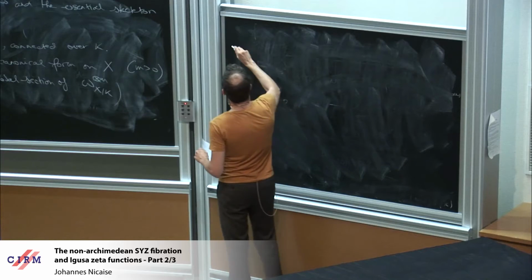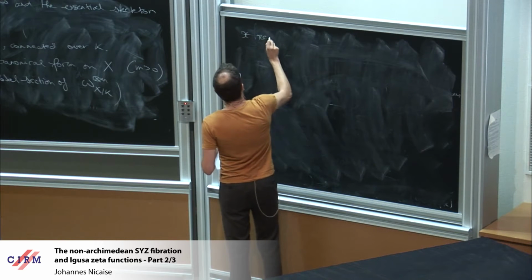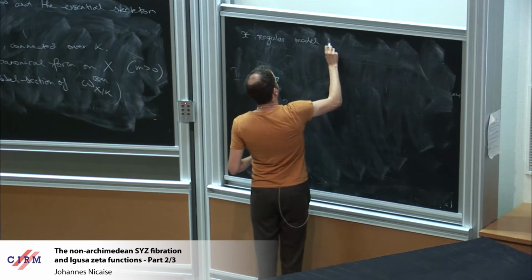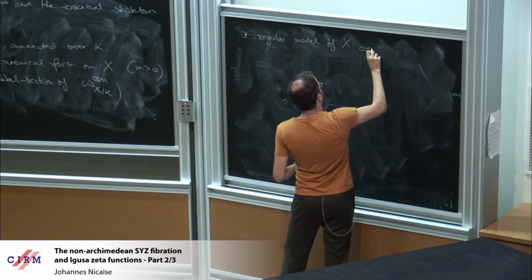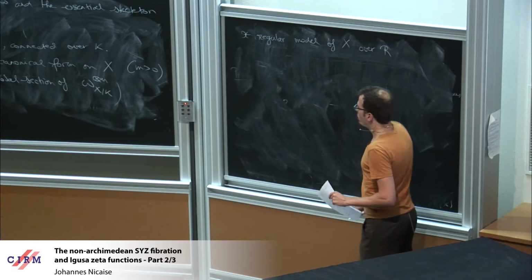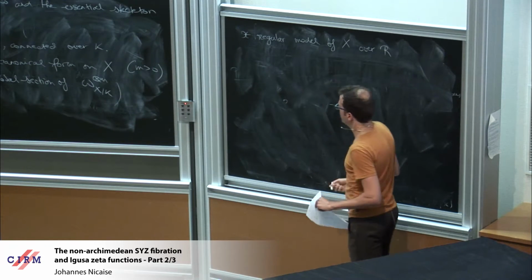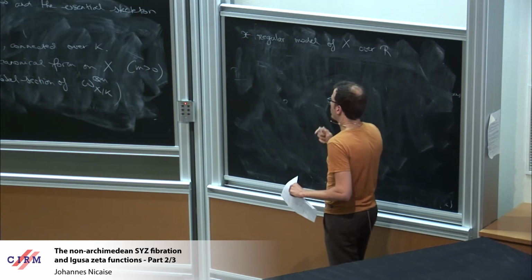Well, whenever we fix a regular model of X over R, then we know that we can extend this line bundle to the model in a canonical way. In fact, in several canonical ways.